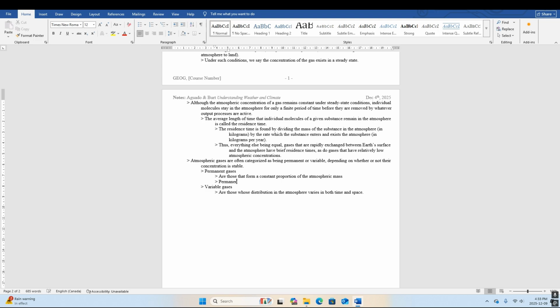Permanent gases account for the greater part of the atmospheric mass, 99.999%, and occur in nearly constant proportion throughout the atmosphere's lowest 80 km.